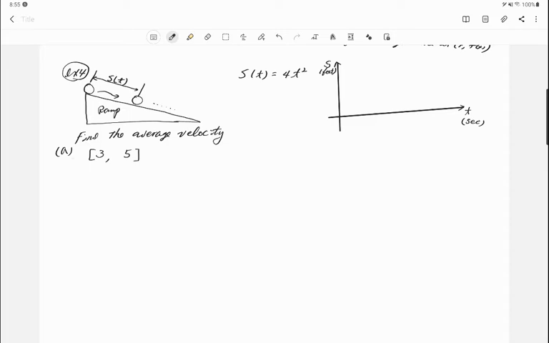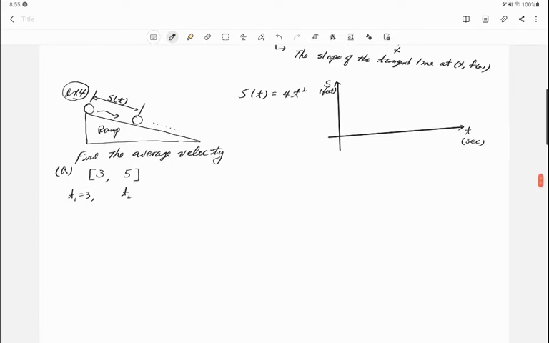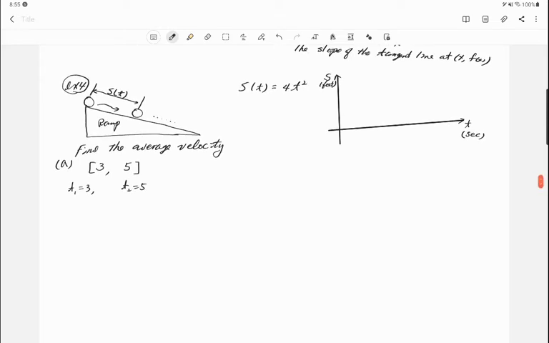So the first t value is 3 seconds, and the second t value is 5. Between these two, if we graph it, the graph, which is not drawn to scale, looks like this.